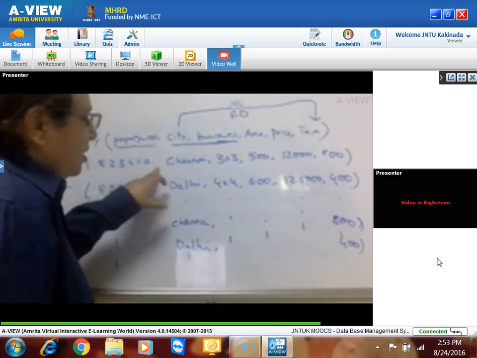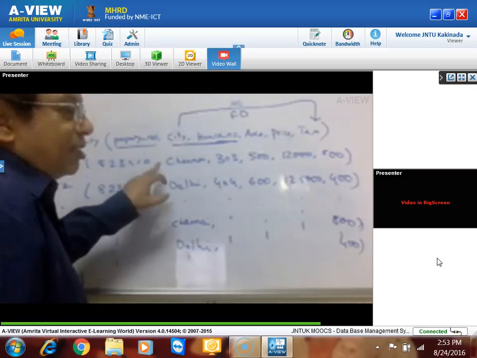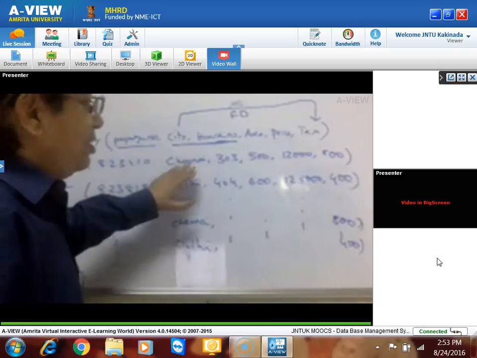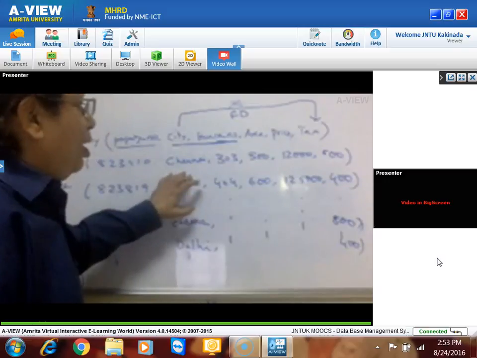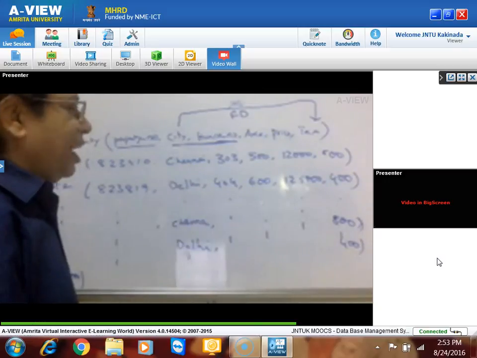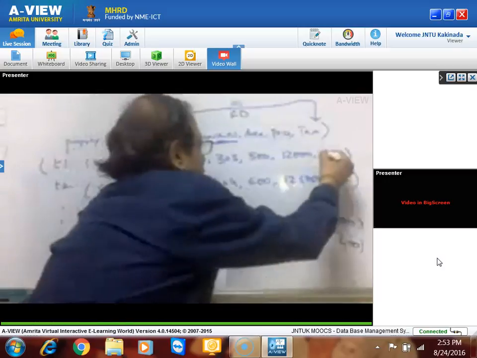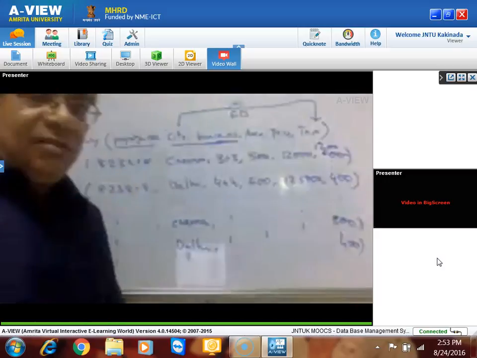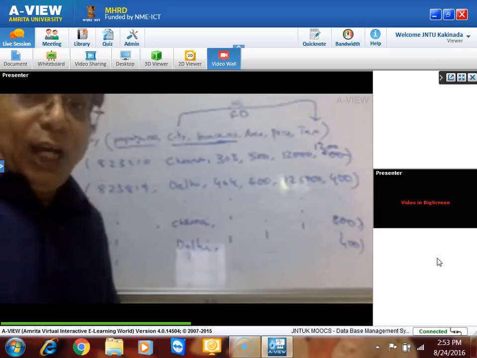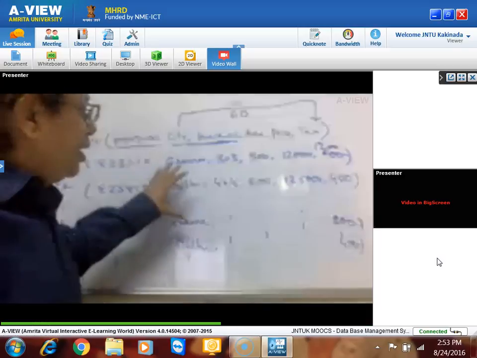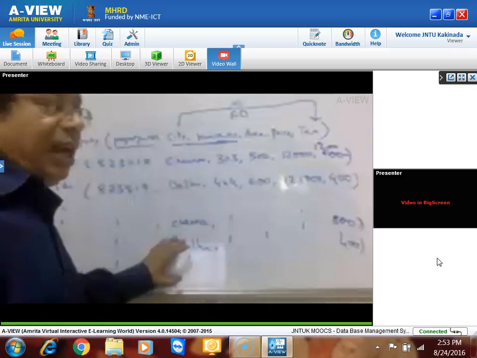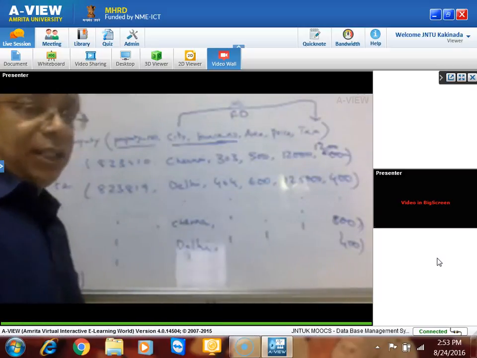For example, let us say the city corporation of Chennai decides to update its tax to 12%. Now, you have to find out all the places where Chennai is appearing and update them to 1200.